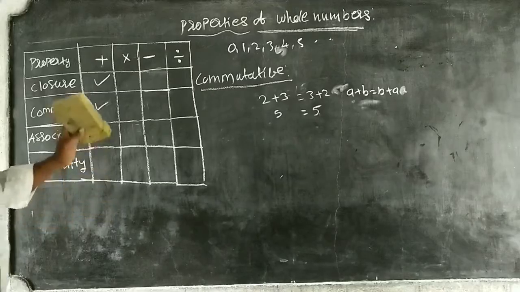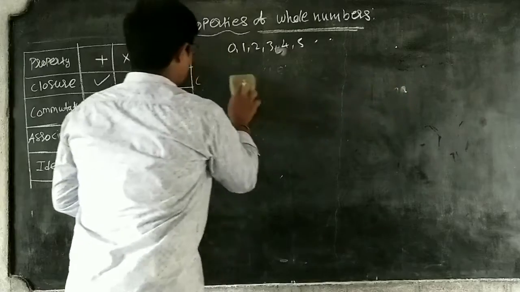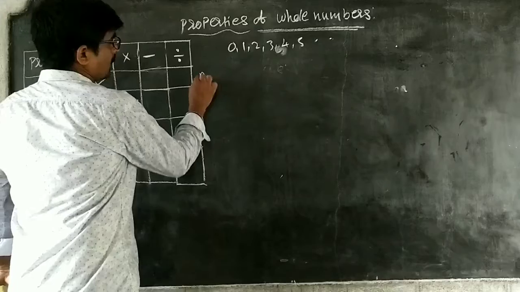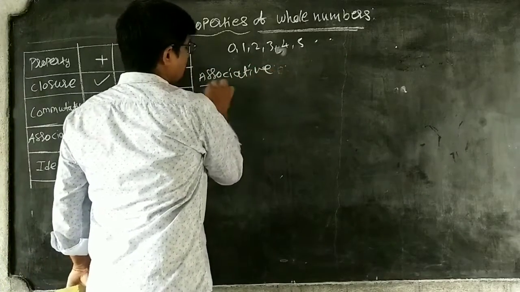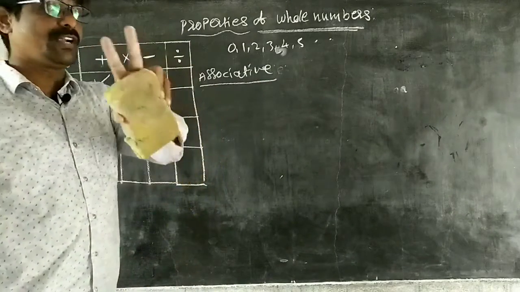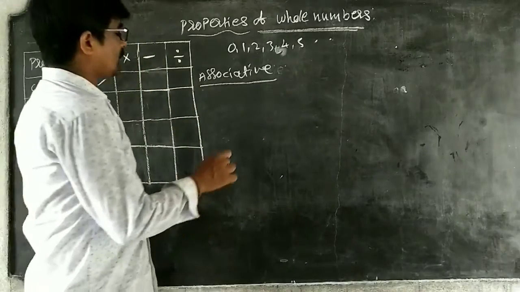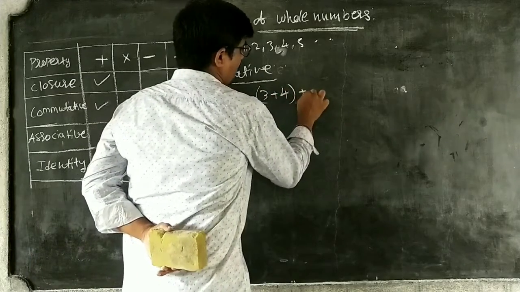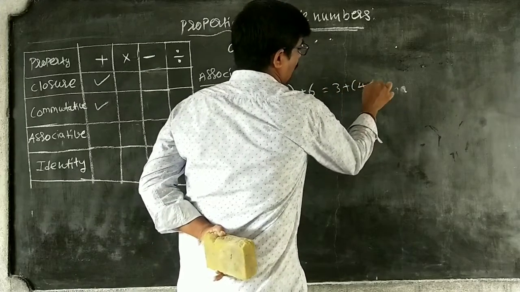Commutative, okay? Next, after commutative, I am taking another property, the associative property. Associative is similar to the commutative property, but in commutative we take two numbers, and here we take three numbers. For example, 3 plus 4 plus 6 and 3 plus 4 plus 6.